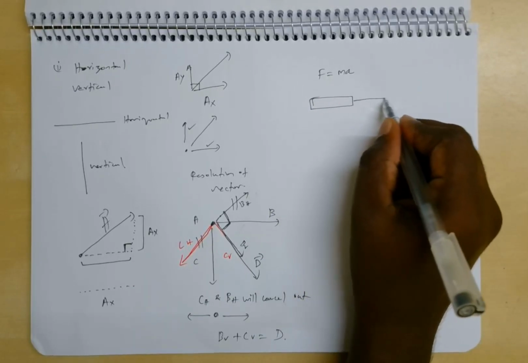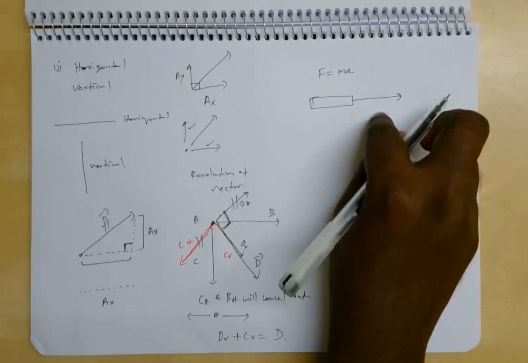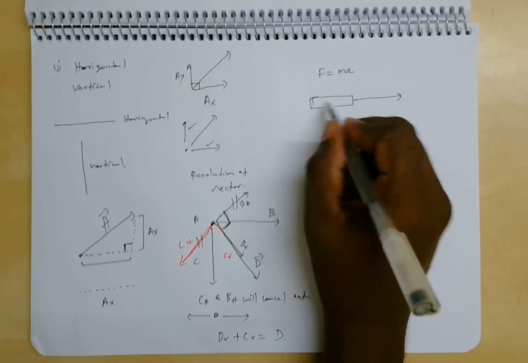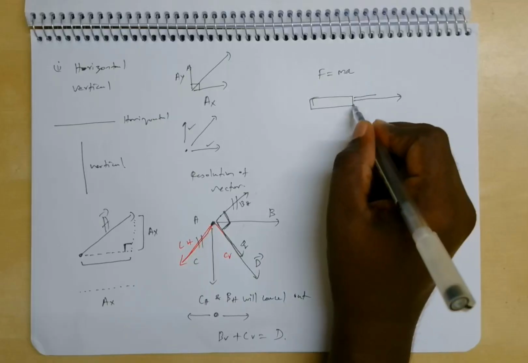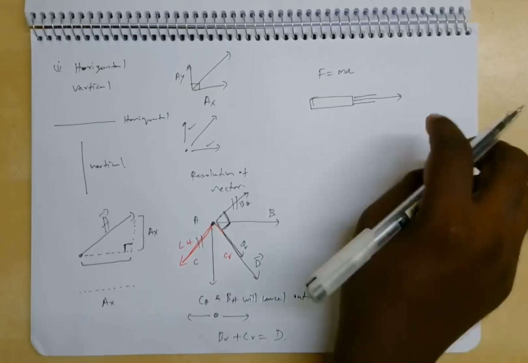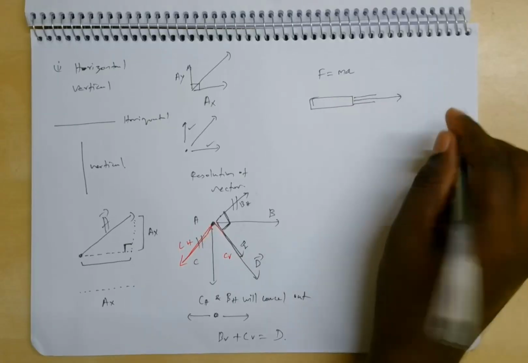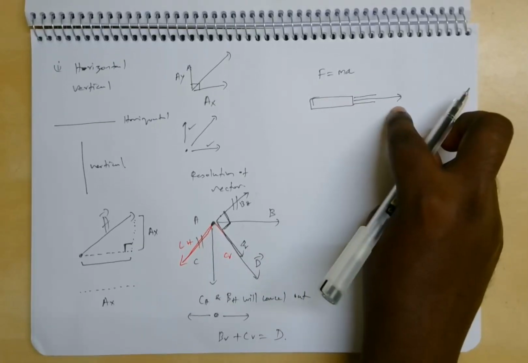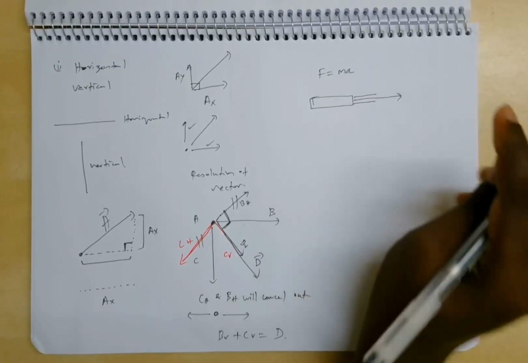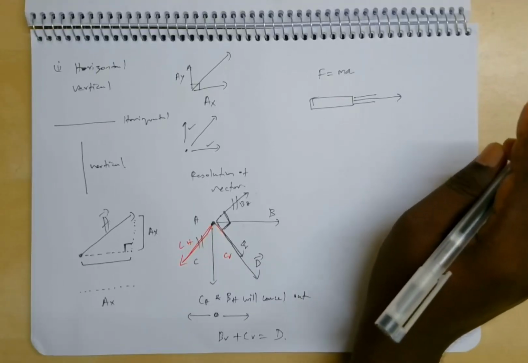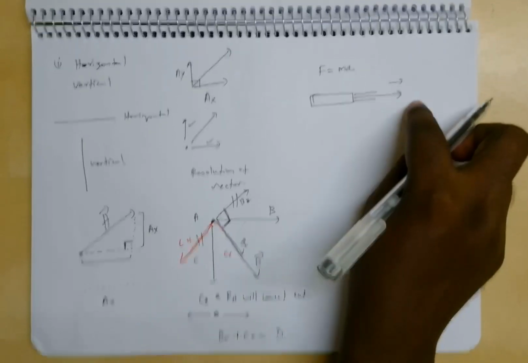I am pulling this train like this. I also want you to remember that this train is on rails, so it can't go left and right. It can just go forward and backward. Now, if I pull in this direction, which direction will the train move? Obviously towards this direction.